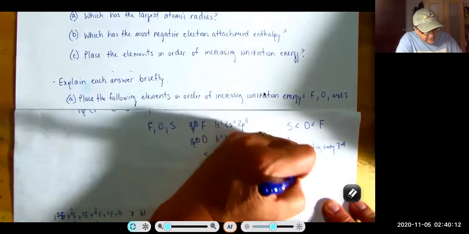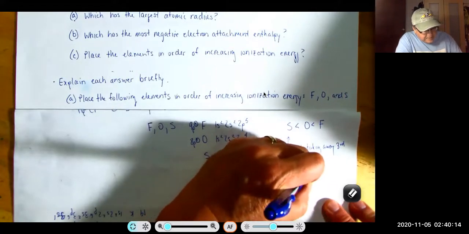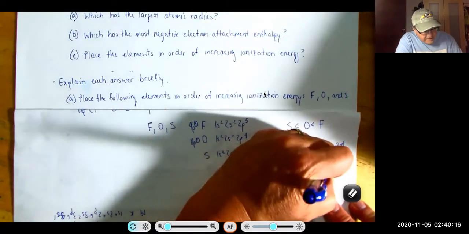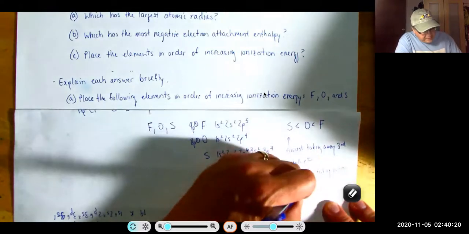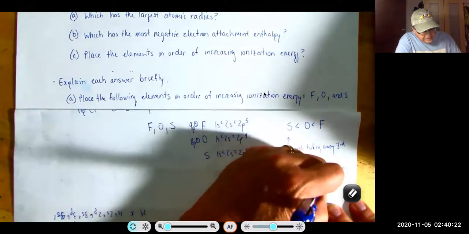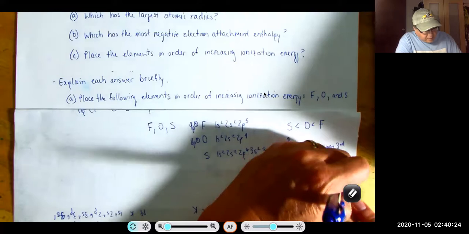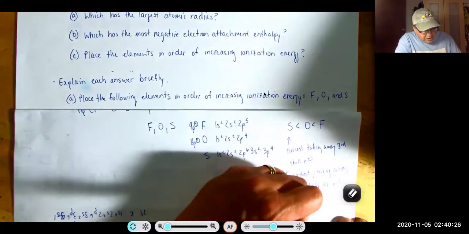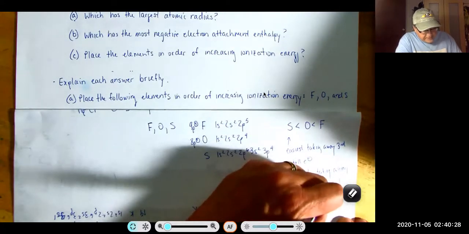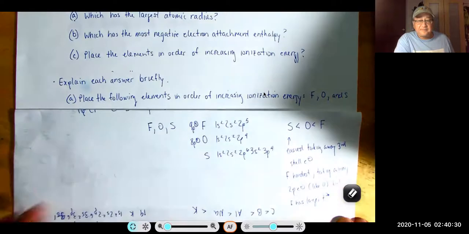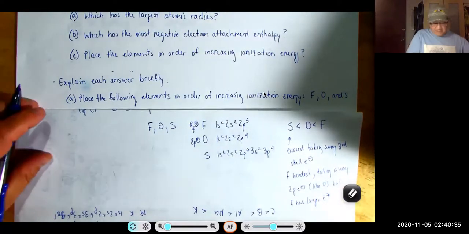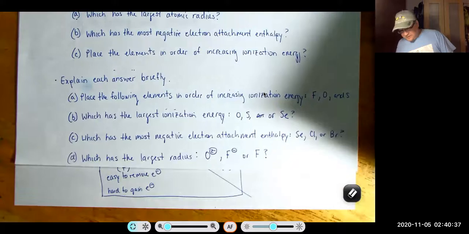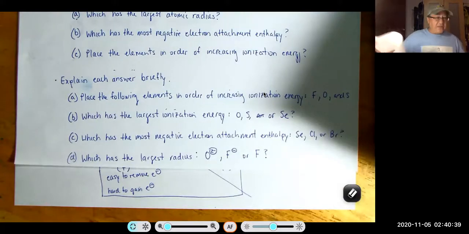Fluorine is the hardest because you're taking away a 2p electron like oxygen, but fluorine has a larger Z effective. So there's your explanation. I'm going to get out another piece of paper here so that we can take a look at B.